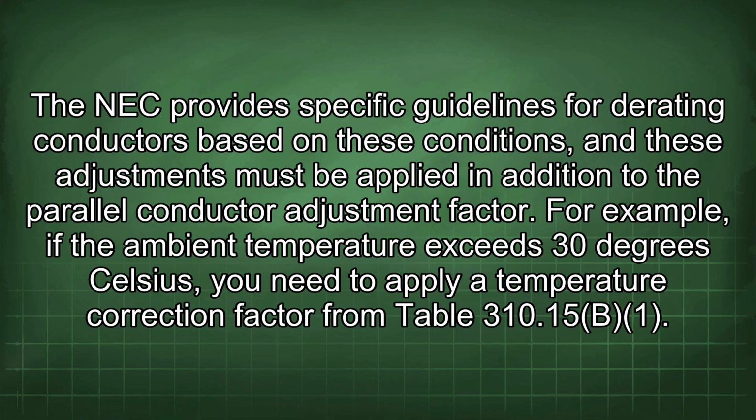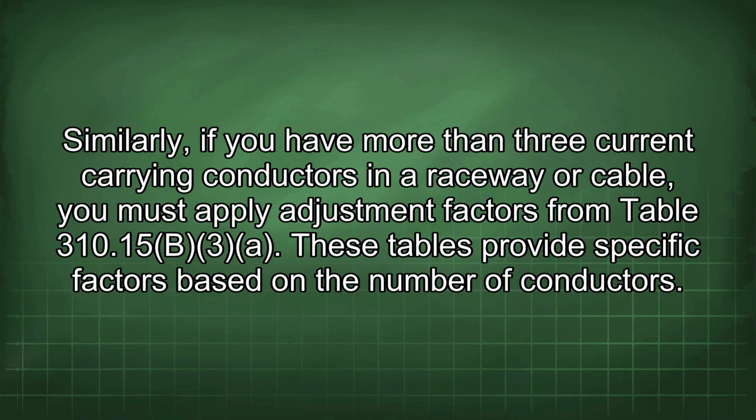For example, if the ambient temperature exceeds 30 degrees Celsius, you need to apply a temperature correction factor from Table 310.15(B)(1). Similarly, if you have more than 3 current carrying conductors in a raceway or cable, you must apply adjustment factors from Table 310.15(B)(3).